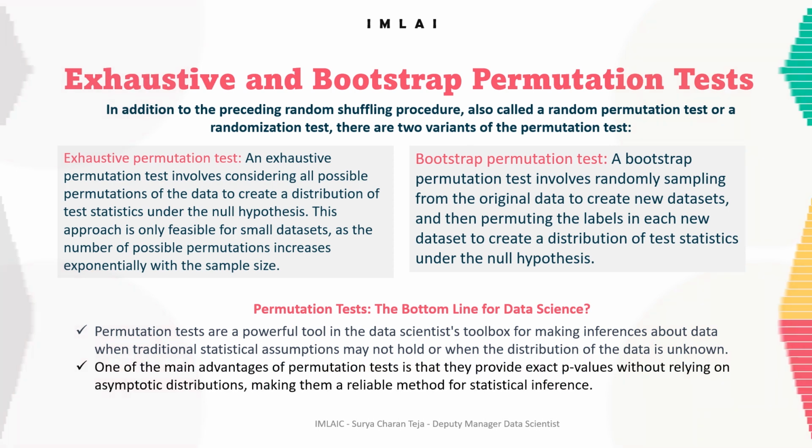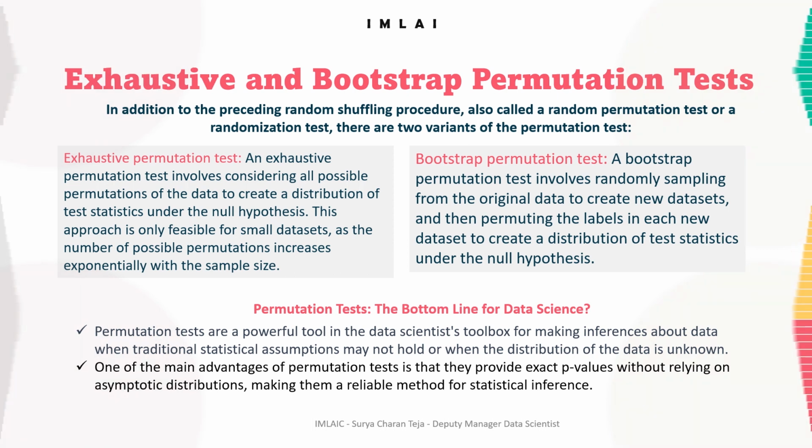Permutation tests are particularly useful in situations where traditional parametric tests are not appropriate, such as when the data is not normal, or when the sample size is small. They can also be used to test hypotheses about relationships between variables, or to compare multiple groups or conditions.